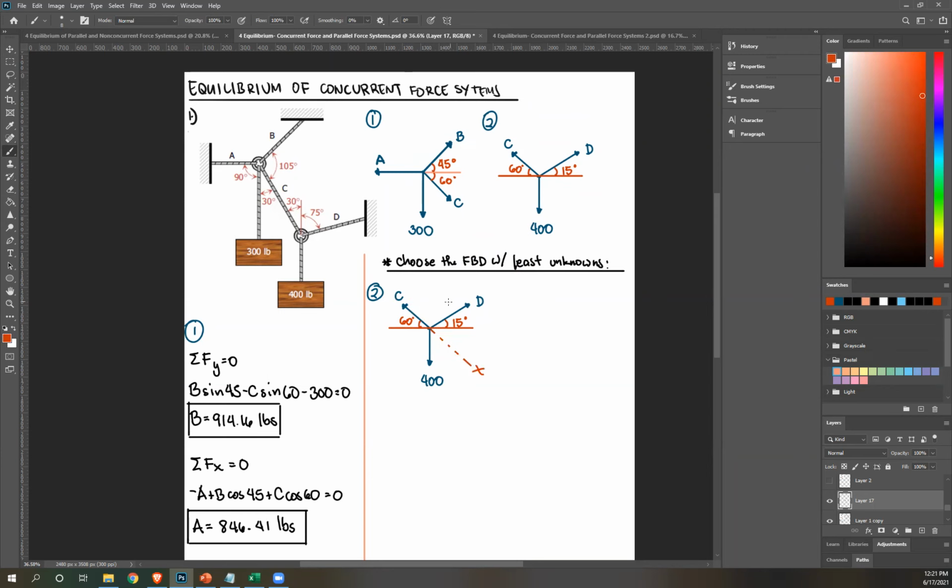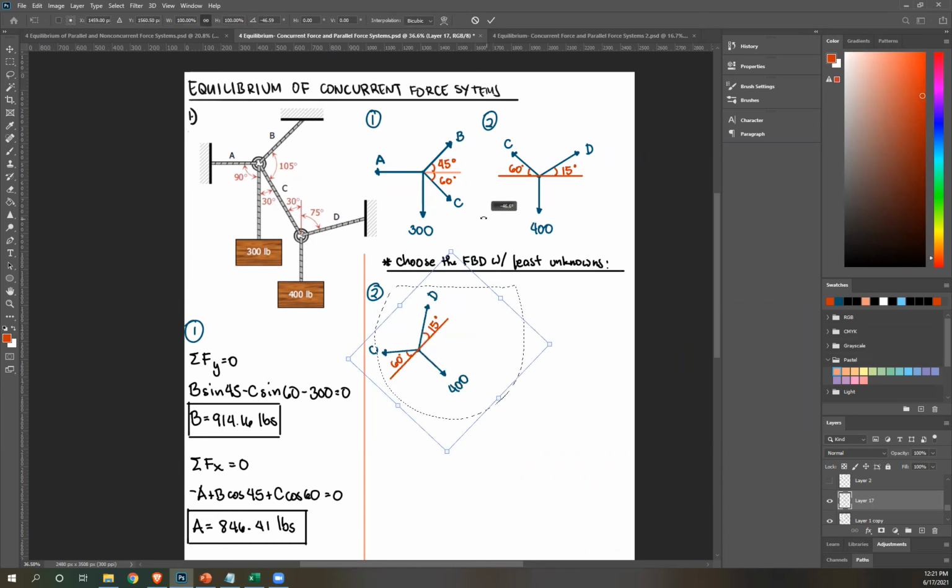This is your x axis, and then draw a vertical line for your y axis, and you're going to create your equations based on this. Now if this is a bit too confusing, what you can do is manually rotate your free body diagram so that one of the forces will lie on either a horizontal or vertical line.